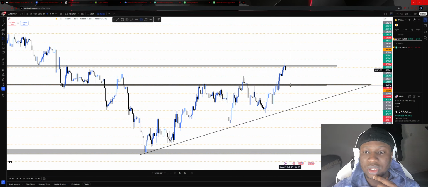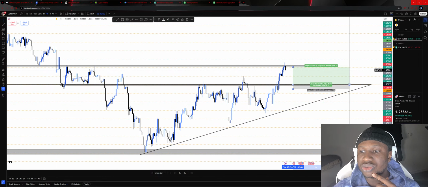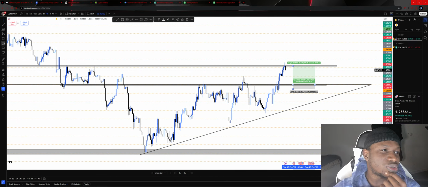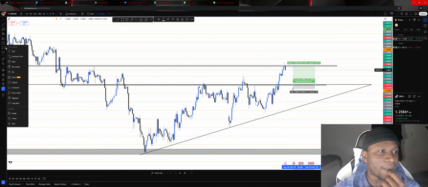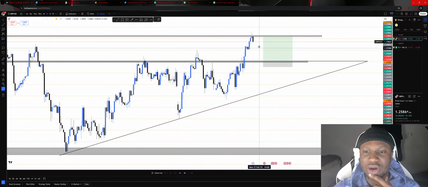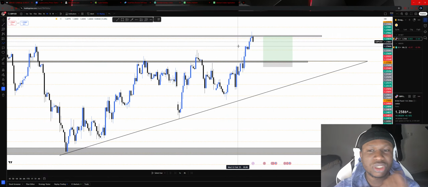To see what's going to happen in this area, the first zone for a retest is here. Then once I see a break, let me just use a second. Now we've formed a bearish engulfing candle on the 4-hour.